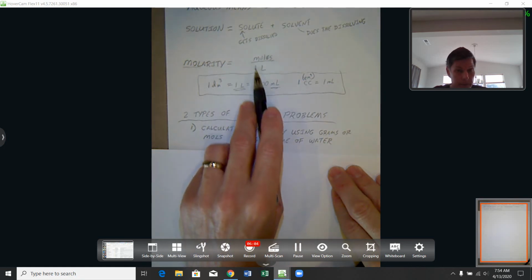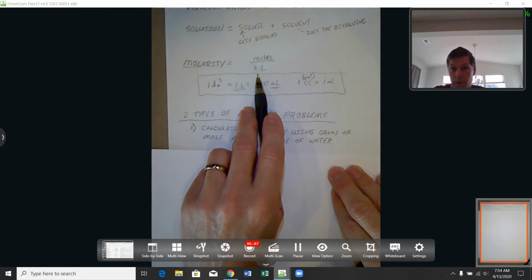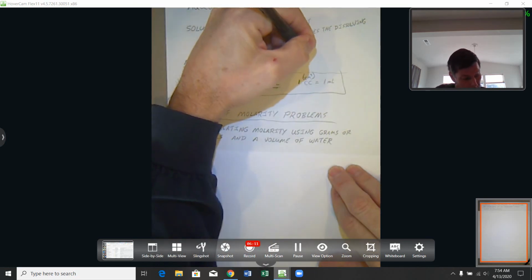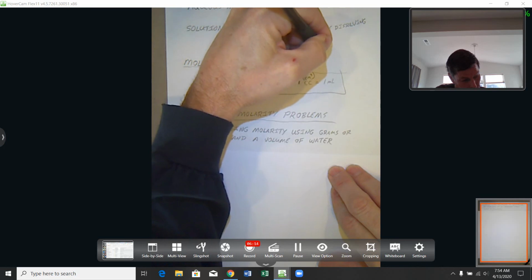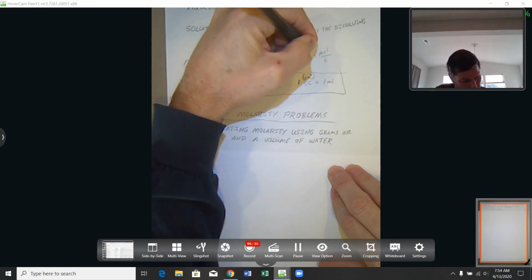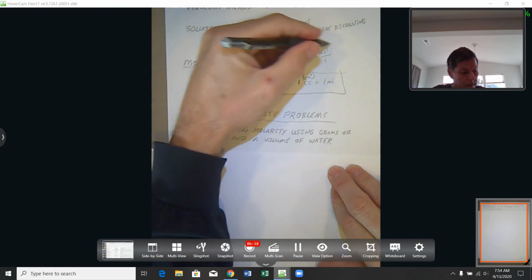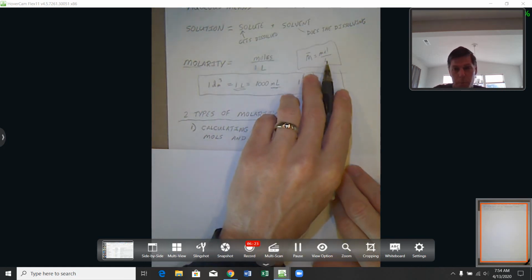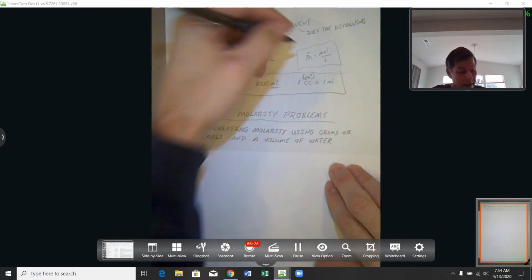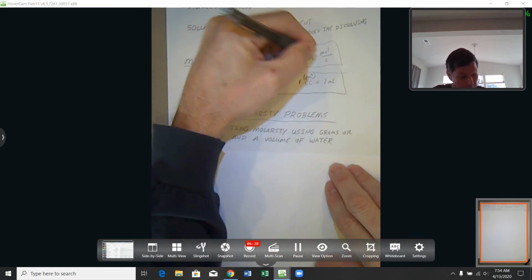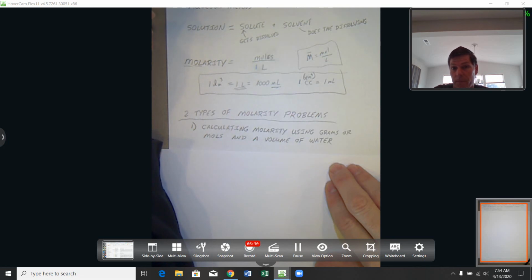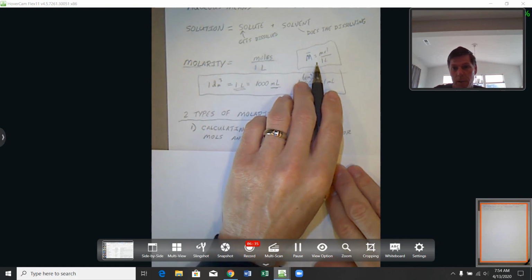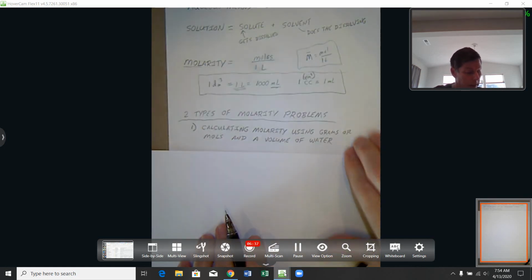Your job is to set it up like this. This is what I write for the base equation: capital M equals moles per liters. I generally put a line over it, so I make sure it's not confused with anything else. And moles is over 1 liter. You'll see me write this a lot on these problems because you'll see me fill in the blanks.